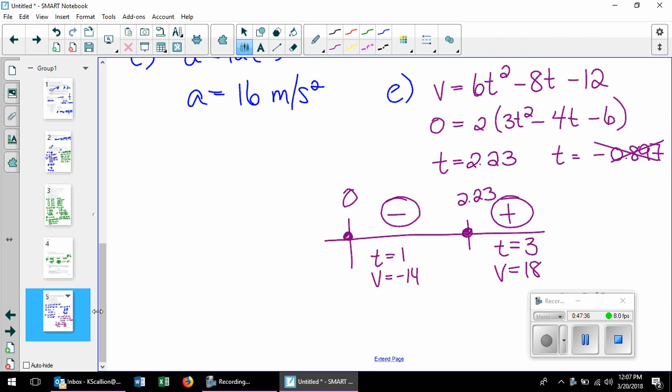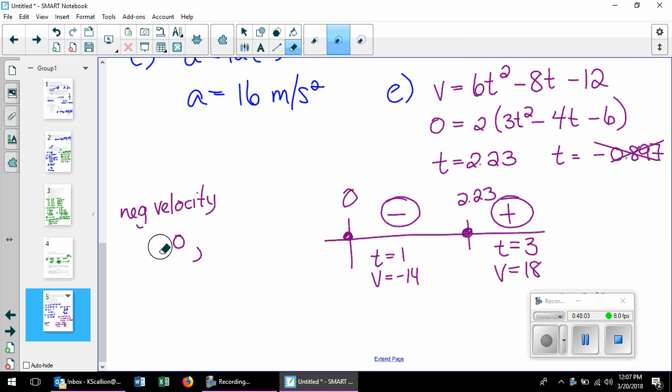All right, so let's make our statements over here. Negative velocity is going to be from, are we including 0? No, didn't we just have this discussion? We did in the positive. At 0, it is a negative velocity.